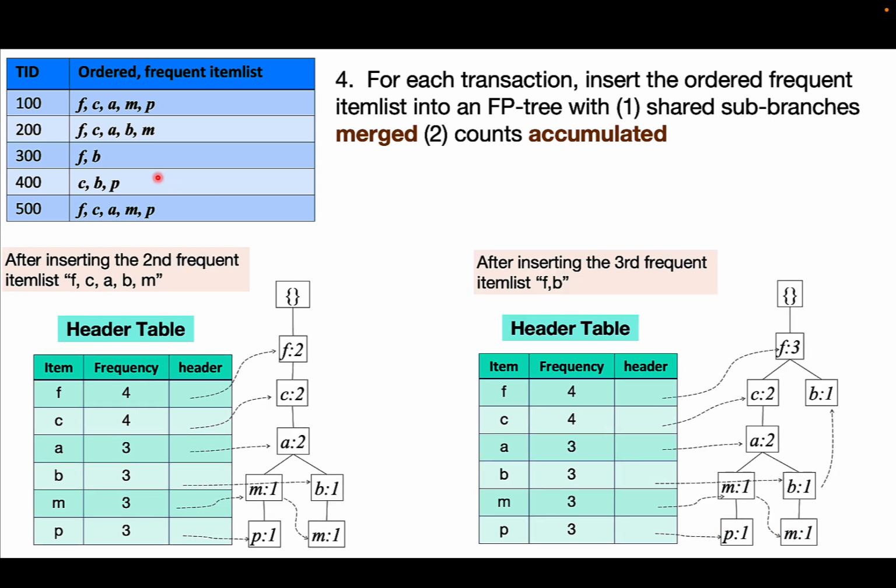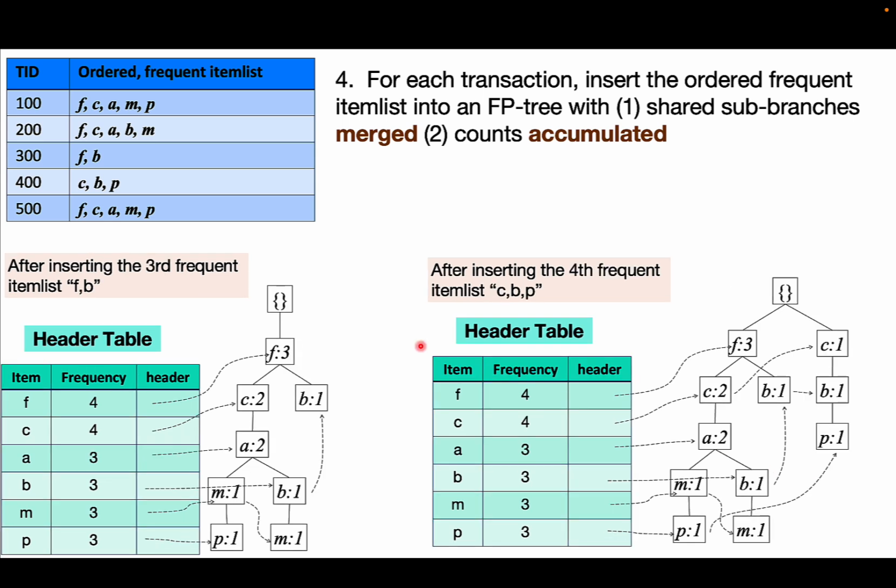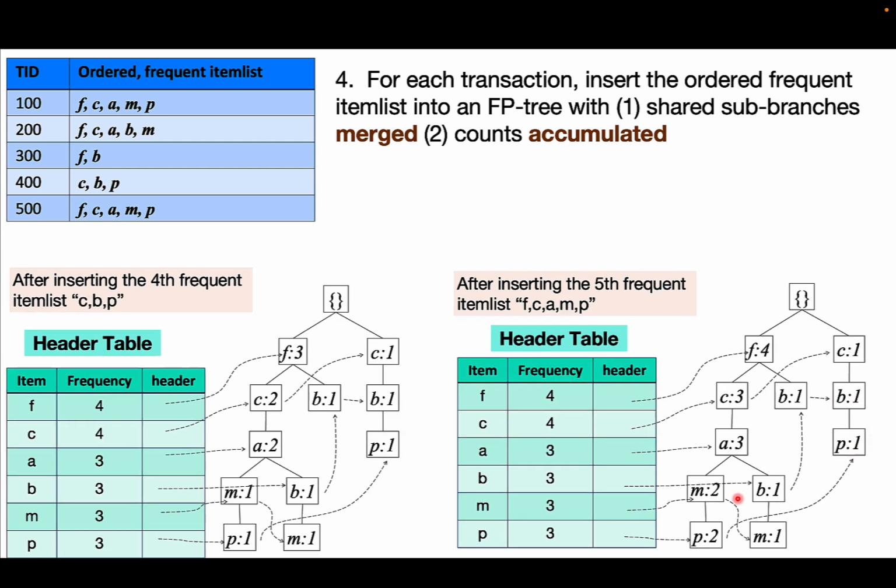For the third insertion, FB, we increment the F counter, add the B, link it back to the existing B. For the fourth insertion, CBP, we haven't seen C at the root of the tree, so it's added on its own branch, followed by B and P, which both are linked back to the existing item sets.